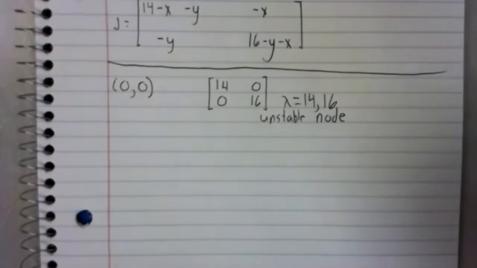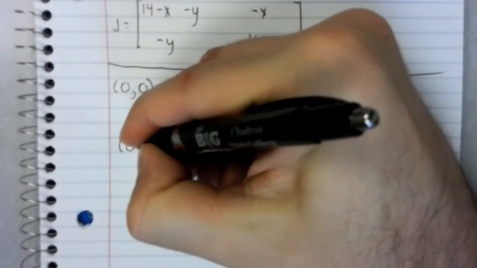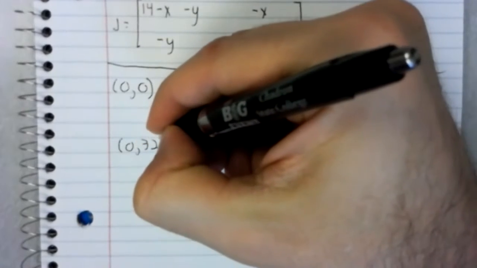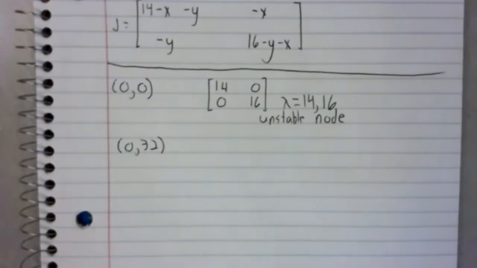We'll now consider 0, 32. The first species has gone extinct. The second has a population of 3,200.